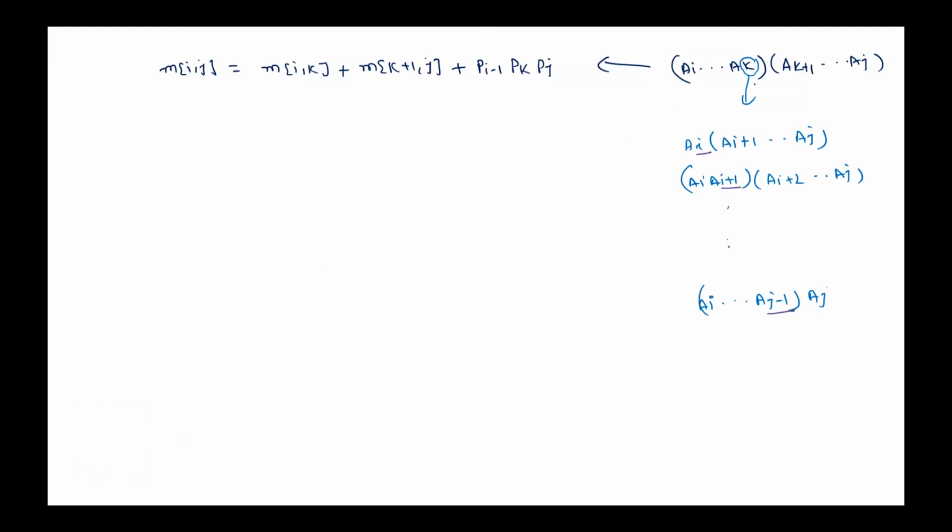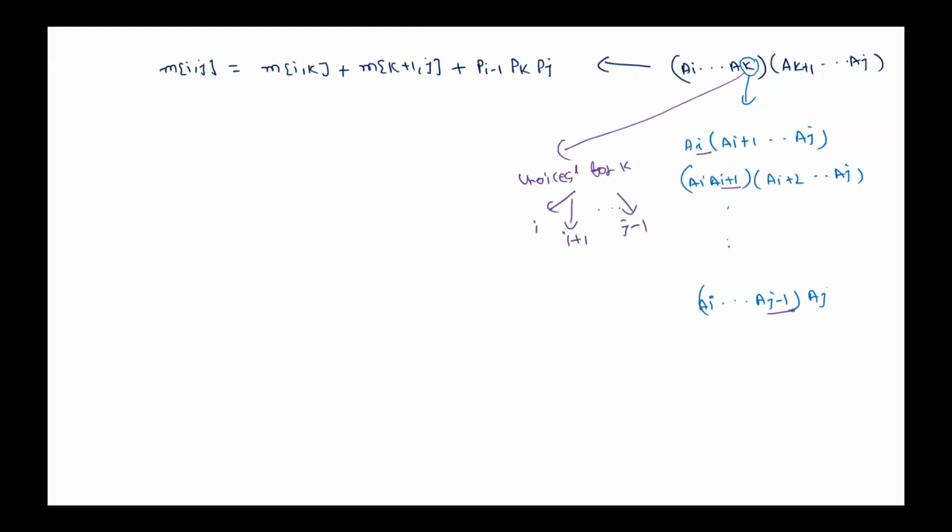When somebody tells us that K is optimal, then we can directly write it. But we don't know that when we are solving. That's why, what are the choices we have for K? I, I plus 1, and so on up to J minus 1.